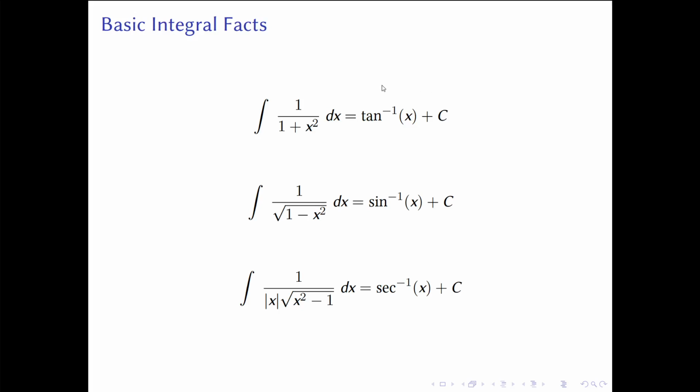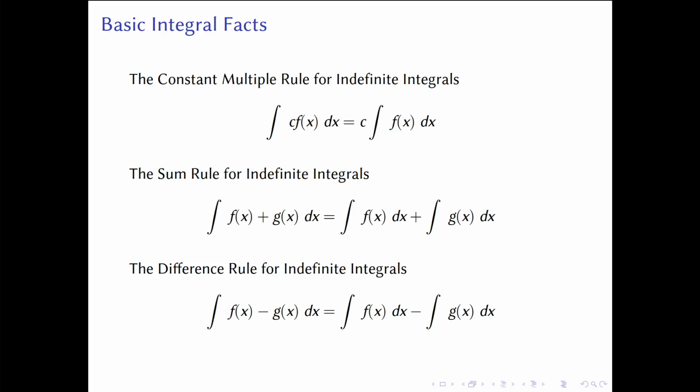So that's why we're sticking to these. You may wonder where the other ones are, but we just try to make this list as small as possible. All right, three different facts that come straight from the derivative facts, and these are facts for basic integrals, or indefinite integrals rather.